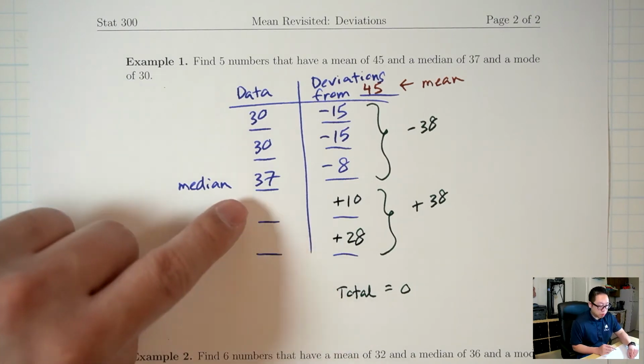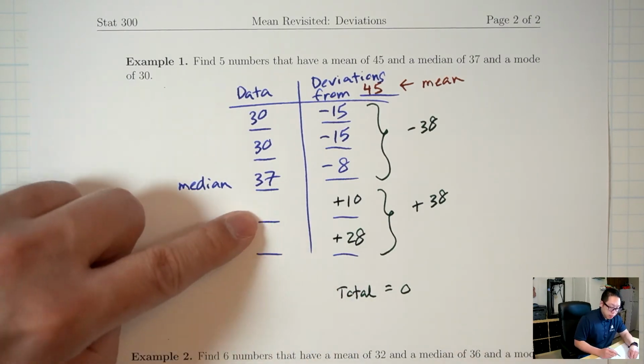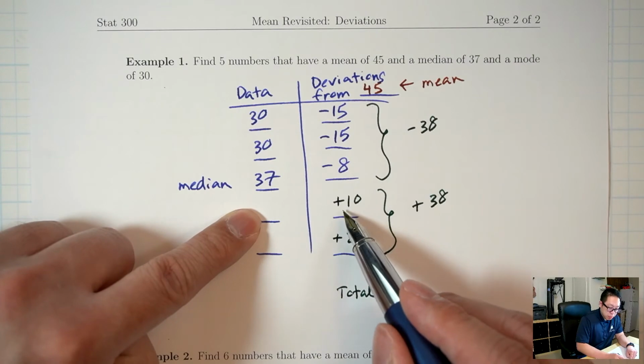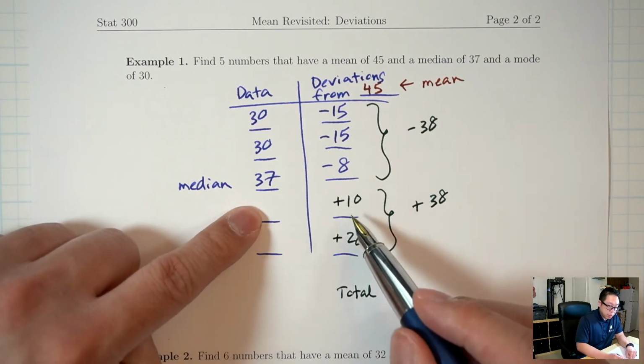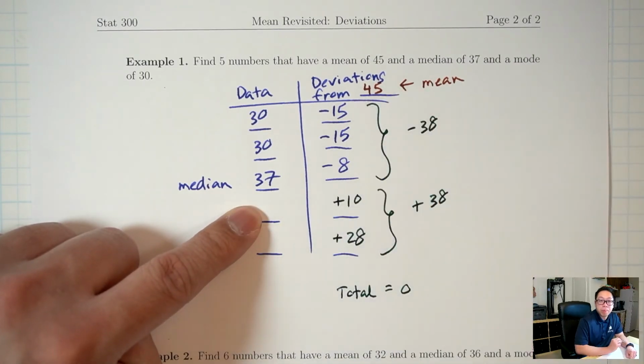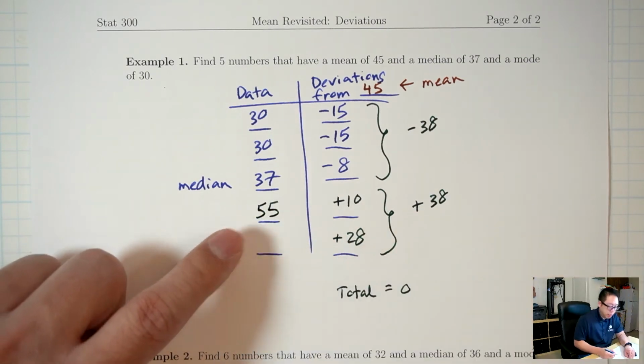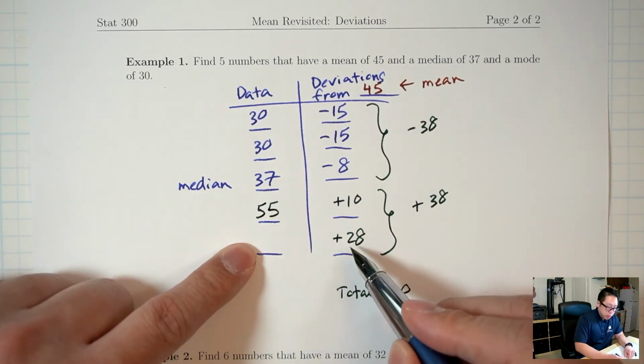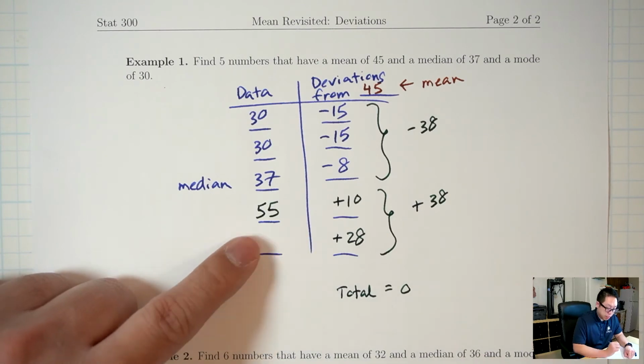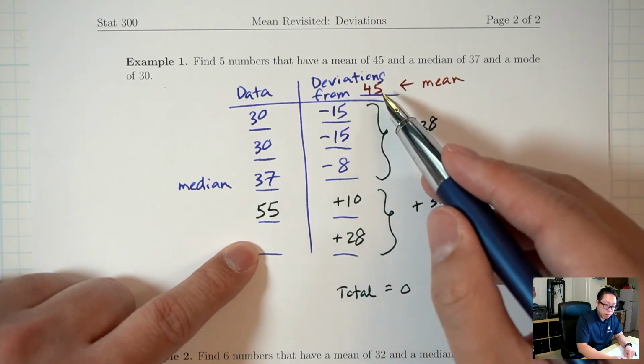And now my two data values. This plus 10 means that this data value is 10 above 45. So what number is 10 above 45? 55. And this plus 28 means that this data value is 28 above 45.